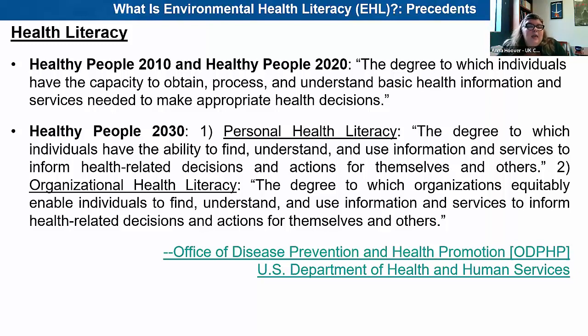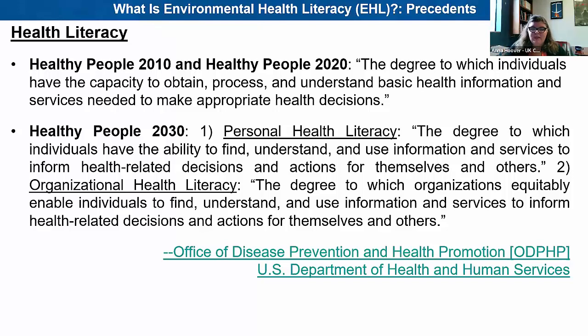Then we have organizational health literacy, which Healthy People 2030 talks about as the degree to which organizations equitably enable individuals to find, understand, and use information and services to inform health-related decisions and actions for themselves and others. So there's this pivot where we're also including organizations like, for example, libraries, and how those organizations are making the information available.